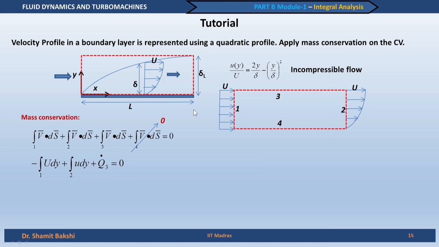So, the area vector is directed opposite to the velocity vector. Of course, that is always true for an inlet, like we showed in the application of the Reynolds transport theorem previously also.